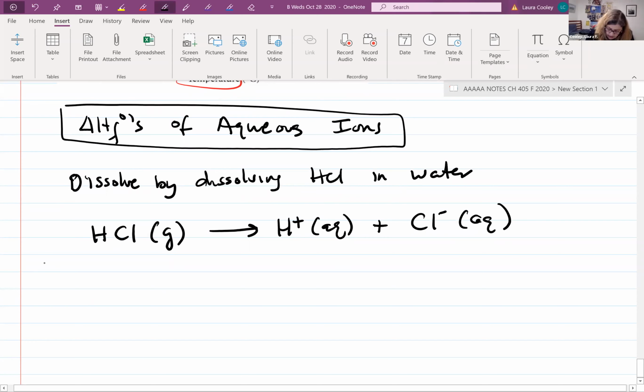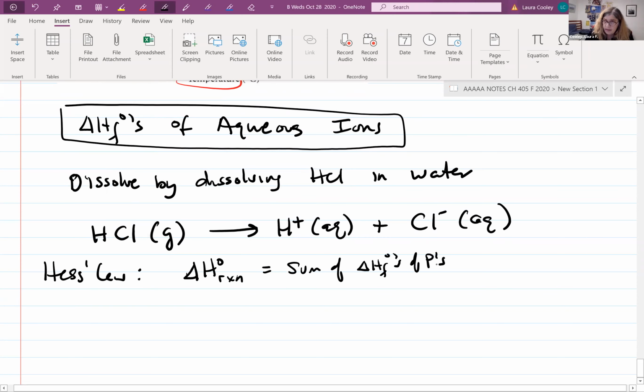And what Hess's law tells me is that the delta H0 for this reaction is the sum of the delta HF zeros of the products minus the sum of the delta HF zeros of the reactants.